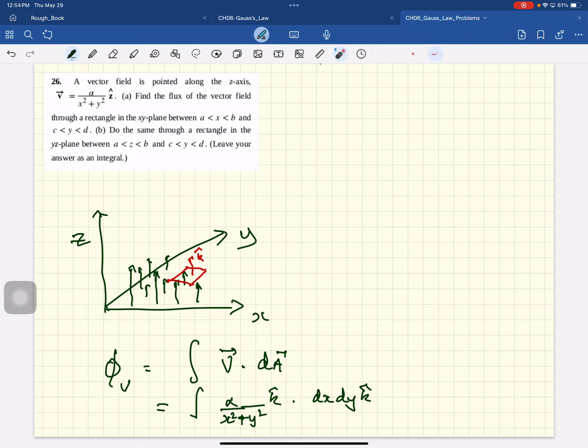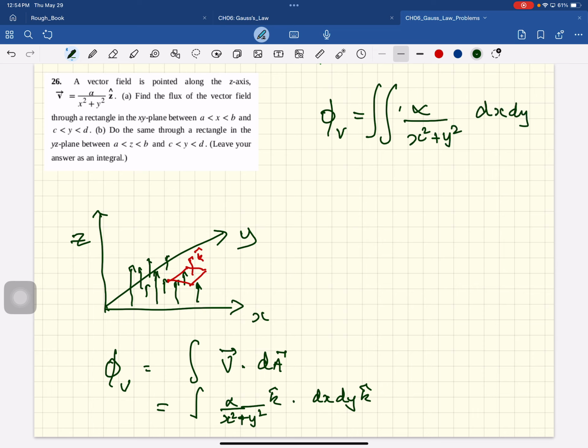So the flux is the integral of alpha over x square plus y square dx dy, where x goes from a to b and y goes from c to d. So there's your flux.